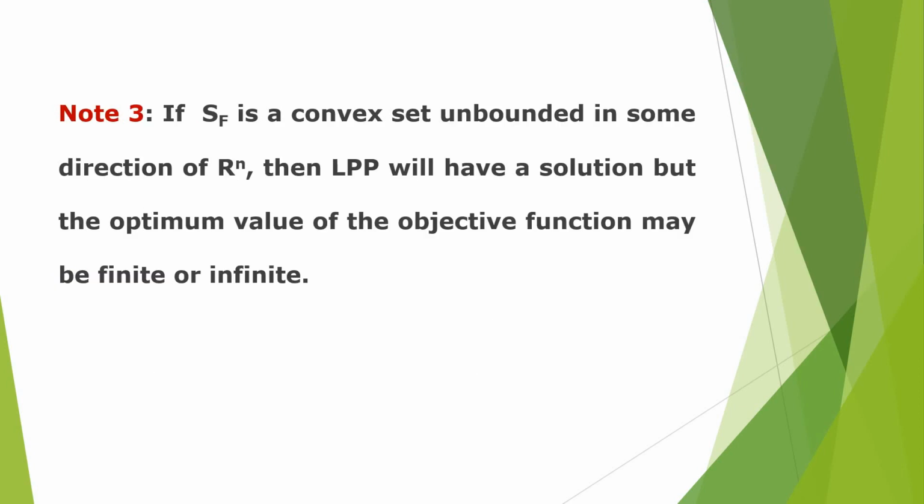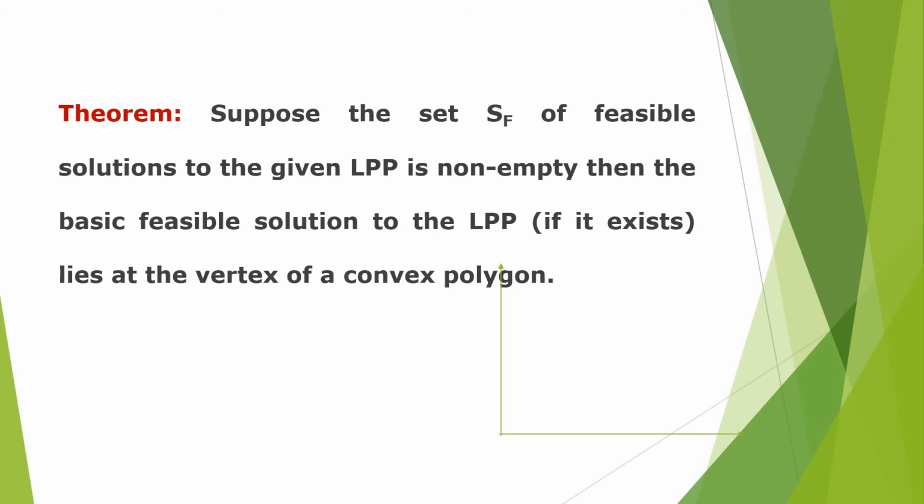If SF is a convex set unbounded in some direction of Rn, then the LPP will have a solution, but the optimum value of the objective function may be finite or infinite. This we will see when we go for a graphical representation or graphical solution of LPP.